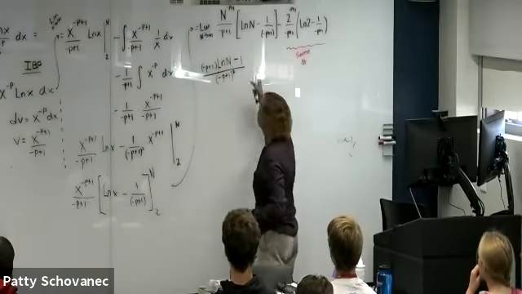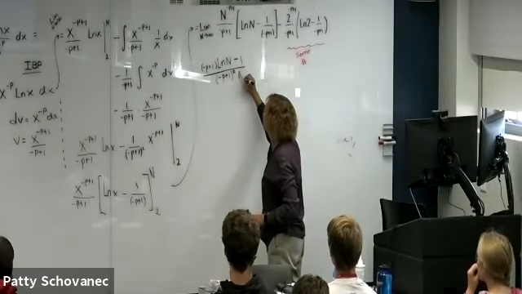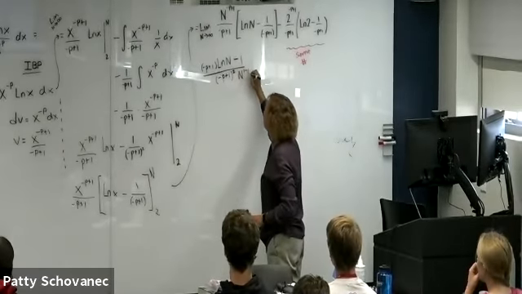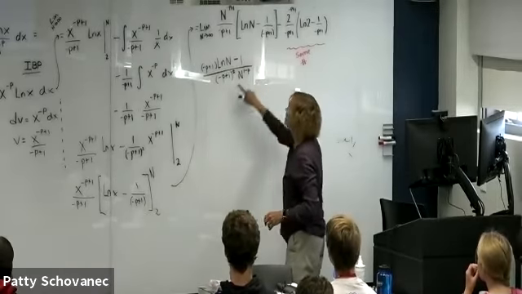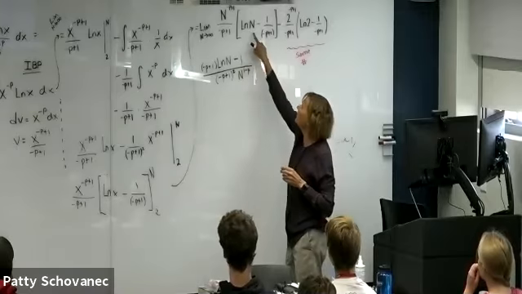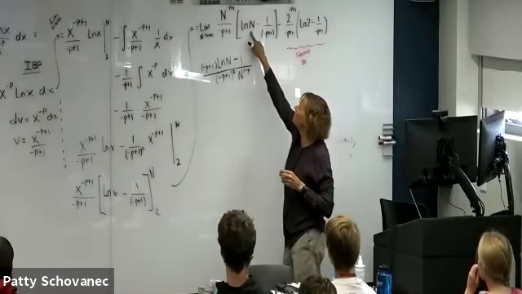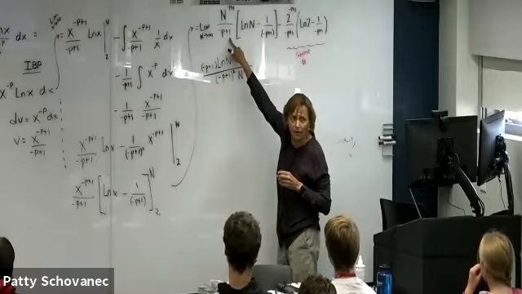Now I've got to worry about where I'm going to put him. And I'm going to put him here. You agree that that is the same as that? Yes. I got a common denominator in here of minus p plus 1. I distributed that, which gives us a minus p plus 1 squared.